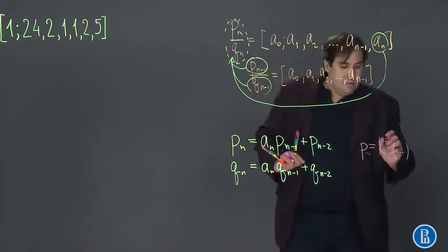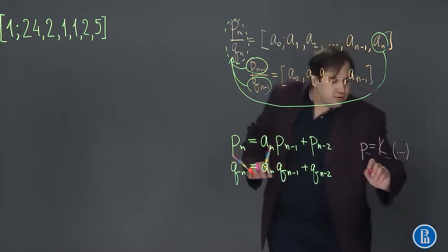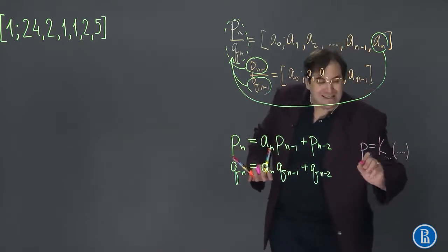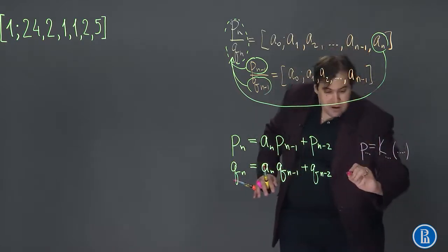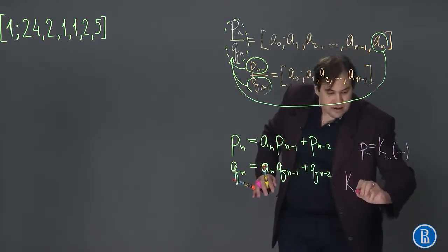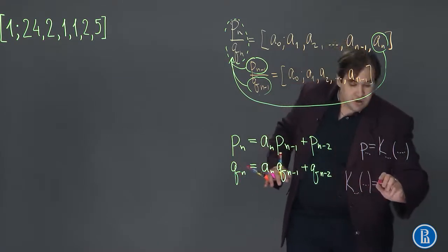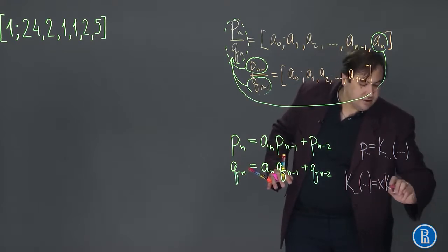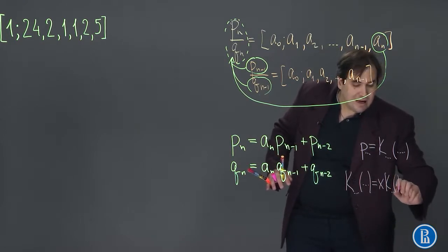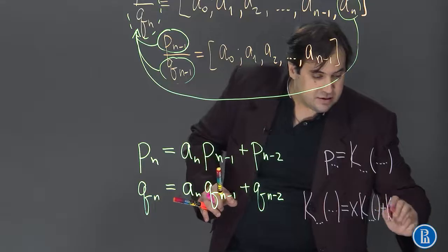Well, we know that the continuant satisfies a recurrent equation. This continuant is equal to its first variable multiplied by the previous continuant plus the one before the previous.